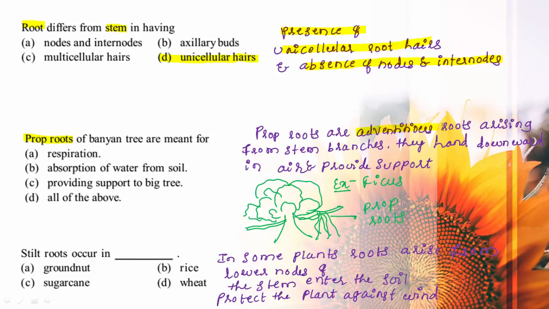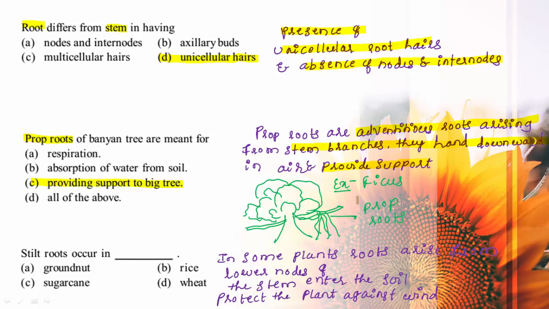If the root is developing from parts other than the radicle, they are called adventitious roots. And here prop roots are arising from stem branches and they are hanging down in the air. They provide support. The main function of prop roots is to provide mechanical support to the big tree.